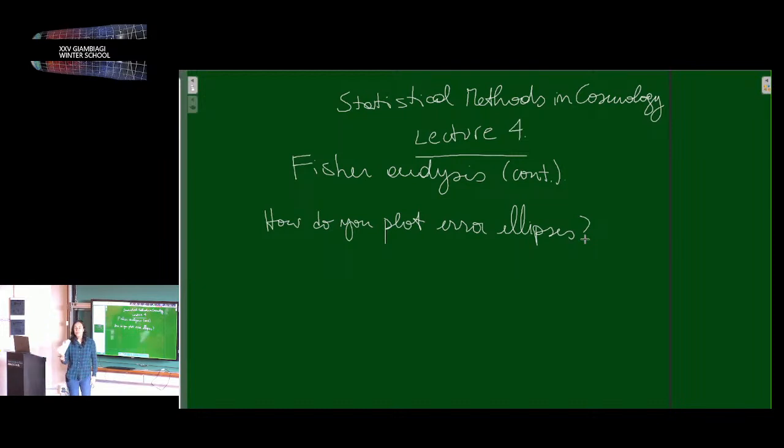you have learned last class how you construct a Fisher matrix, okay? Say your problem has n number of parameters, okay? So you will have an n cross n Fisher matrix, yeah? Now, if you want to plot the error ellipse for 2 parameters, for example, you first want to project down to that space of 2 parameters, okay?